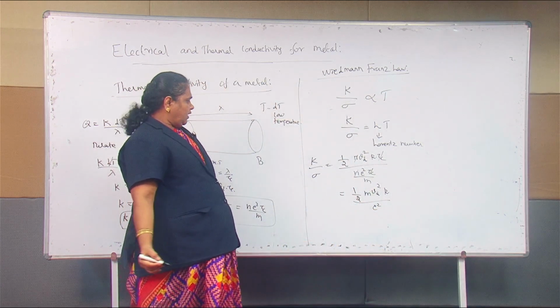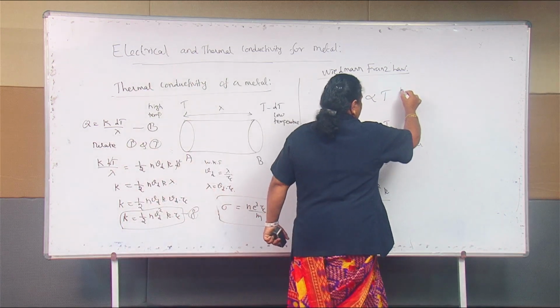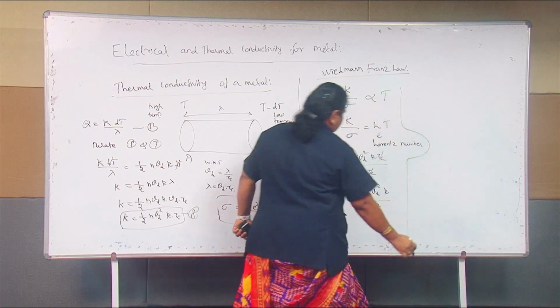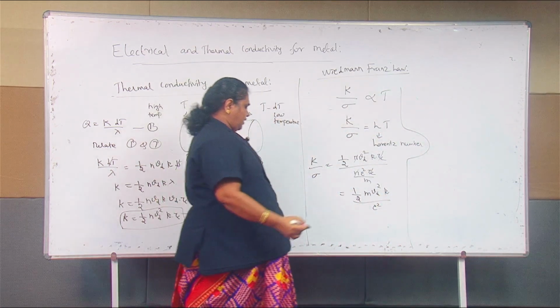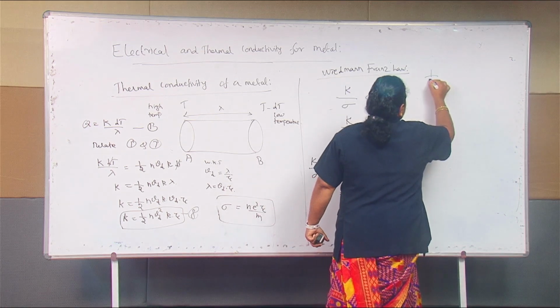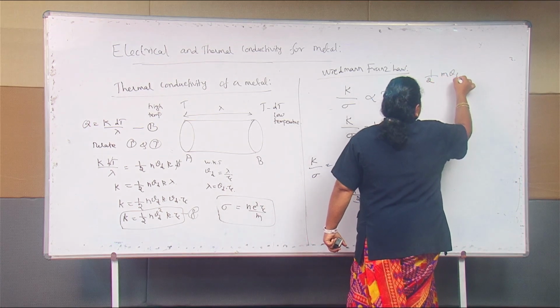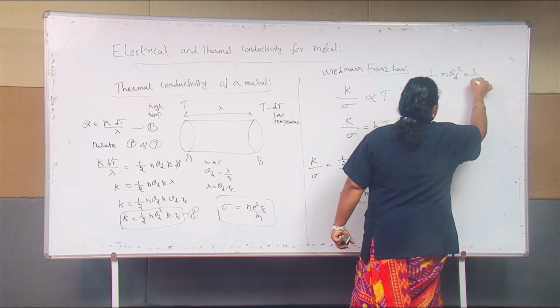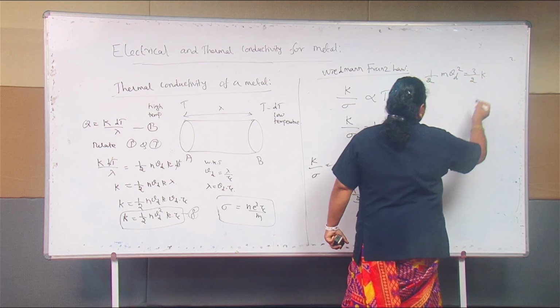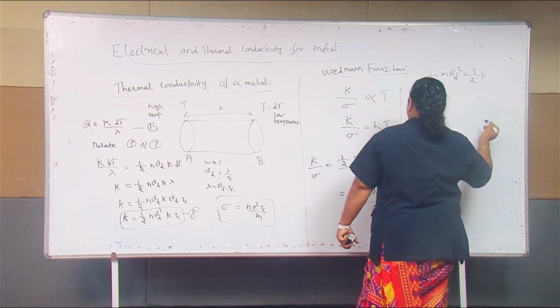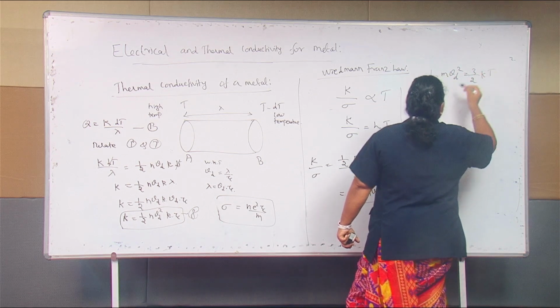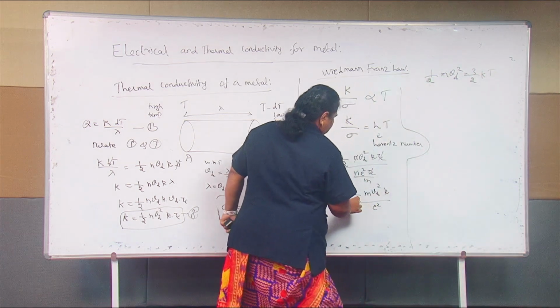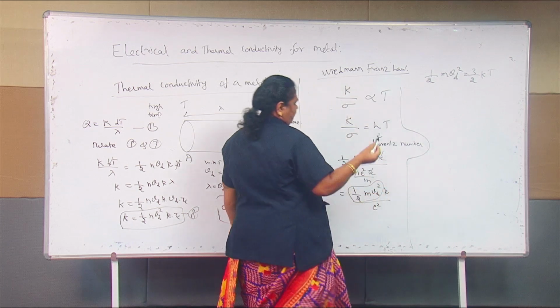As you know already, from the basic ideas it obeys the kinetic theory of gases. So we can write half m v_d squared as 3 by 2 k into T. I just replace this m v squared.